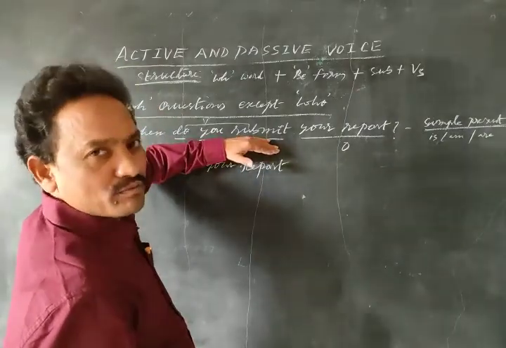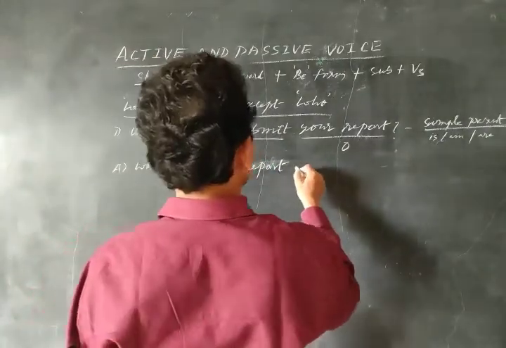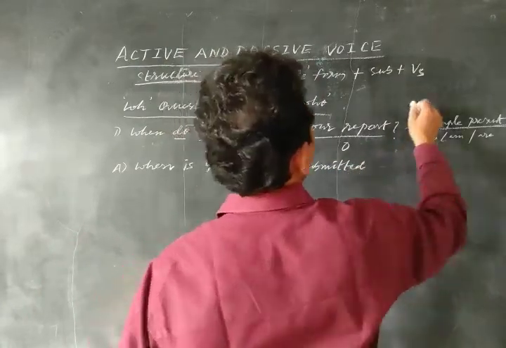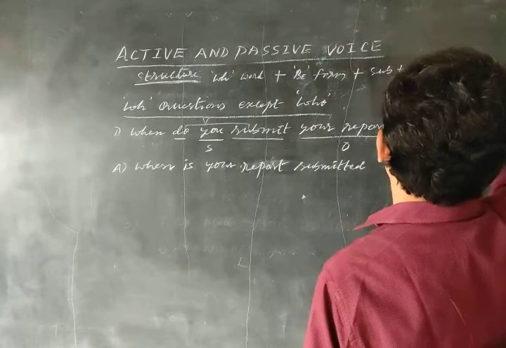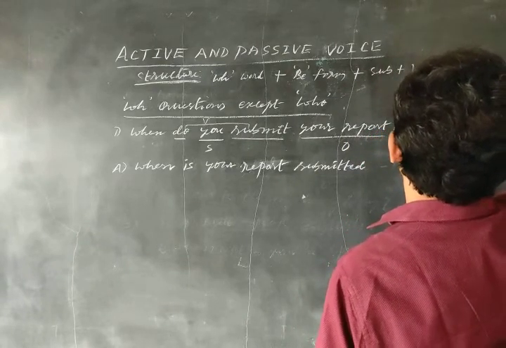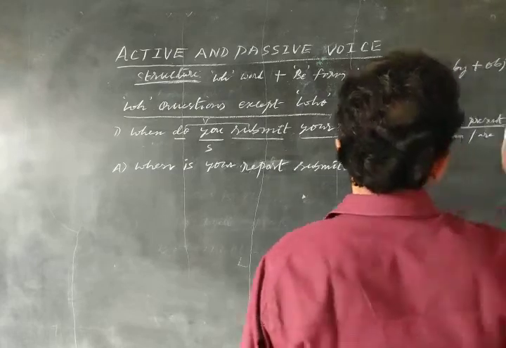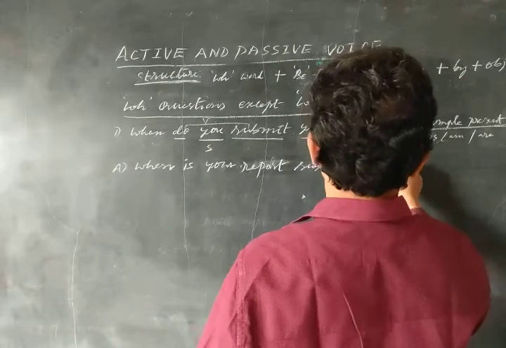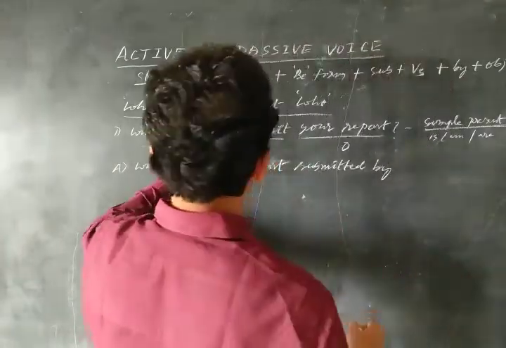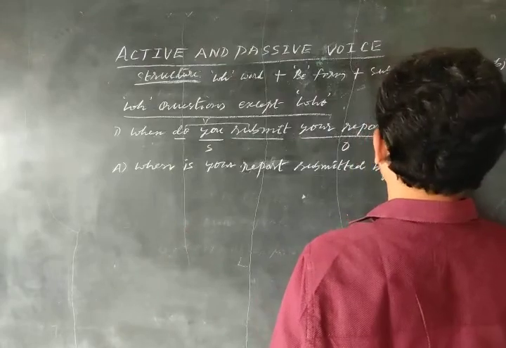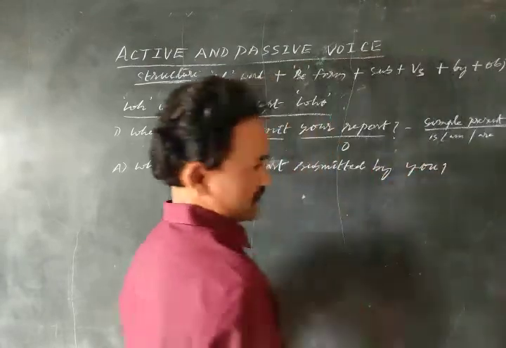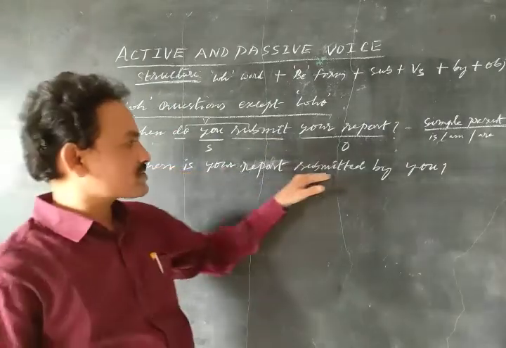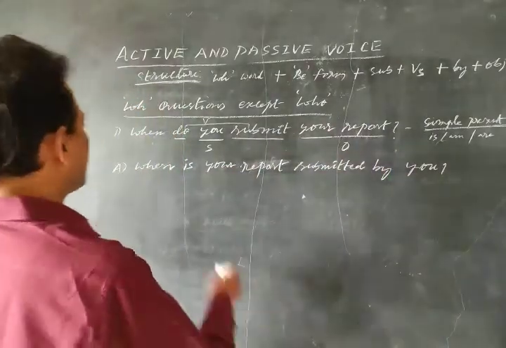Submit, submitted. When is your report submitted? Structure: by plus object. By object. Here subject you becomes object, so it is written here: by you. So when do you submit your report? When is your report submitted by you? That's your second question.